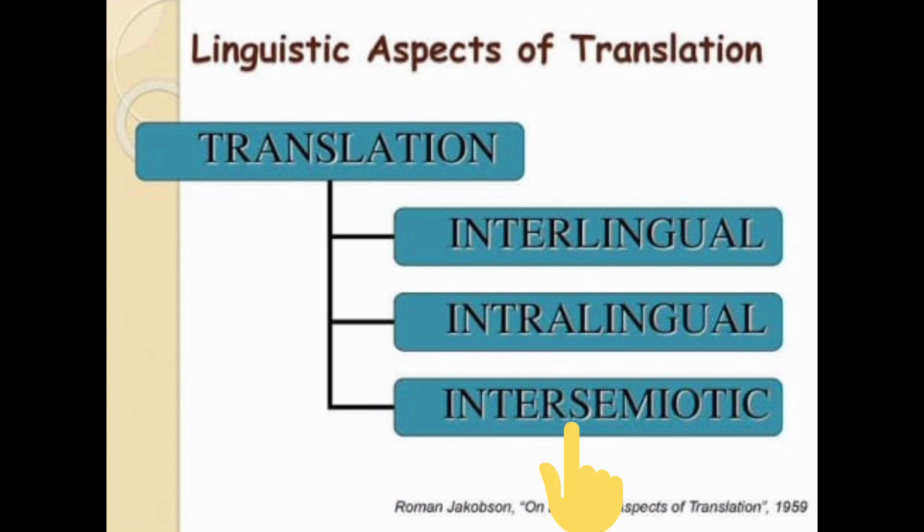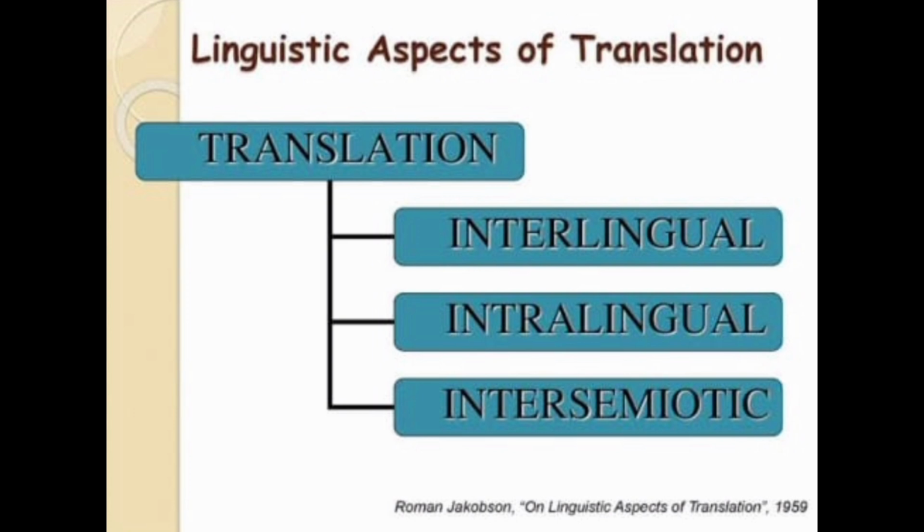The last kind of translation that we have is intersemiotic translation. Here, it is not merely focusing on the words; emphasis is on the overall message that needs to be conveyed. This is also called transmutation because the work gets translated from one medium to another medium.